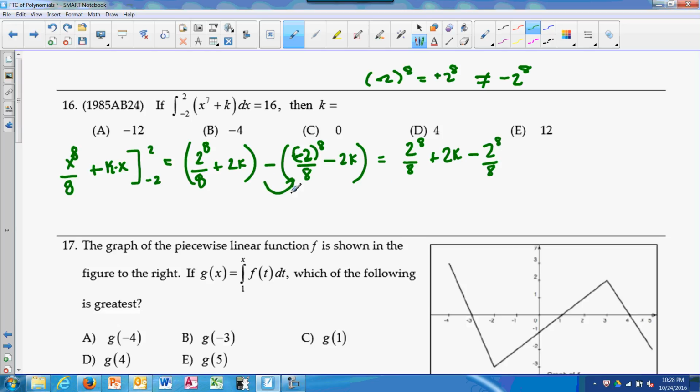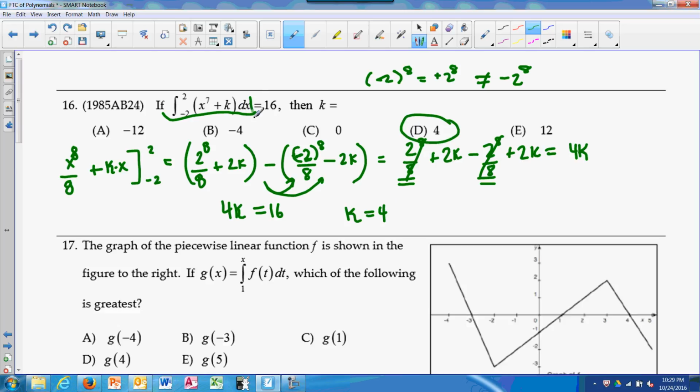When I distribute the negative, I get a negative of the positive. If I distribute the negative to the next term, I get another positive 2k. So these two terms, without me having to evaluate them, actually cancel. So I end up with 4k. So the integral is equal to 4k. I then set that equal to 16 to solve, and k equals 4.